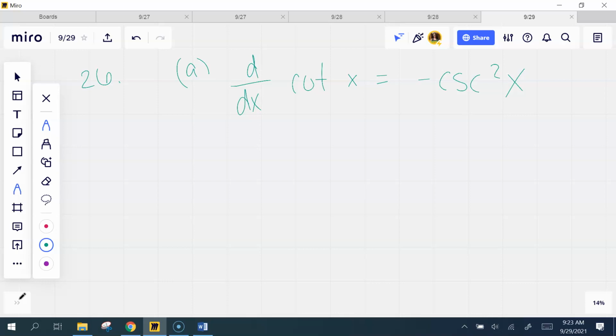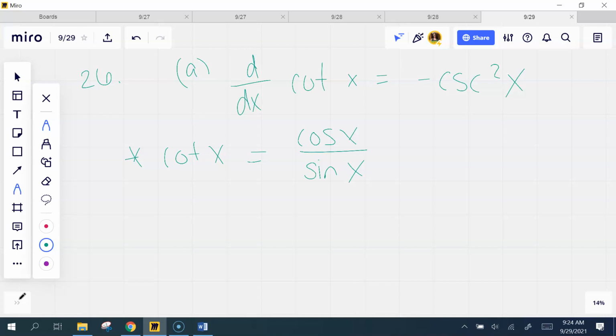I mean, that's what we do. This is what we do. Remember, I'll give you a hint before you start. Cotangent is 1 over tangent, and if tangent is sine over cosine, then 1 over tangent would be cosine over sine. That's your best place to start with this one.